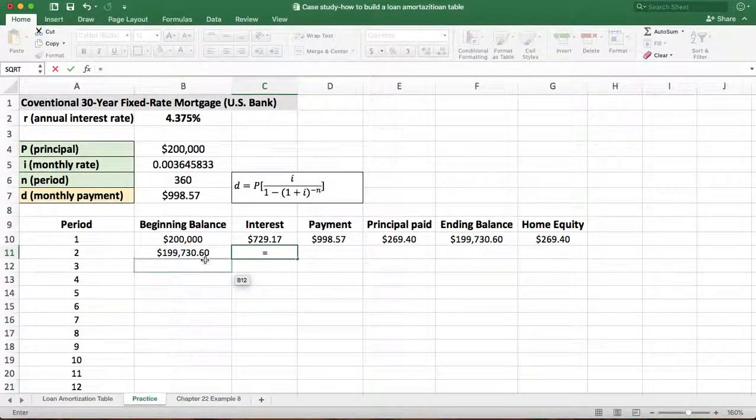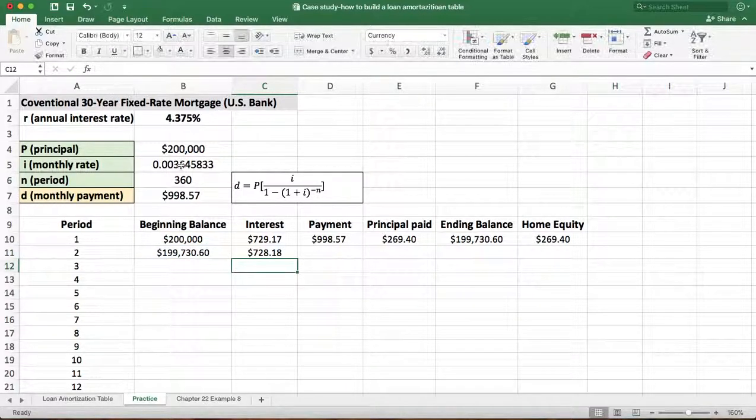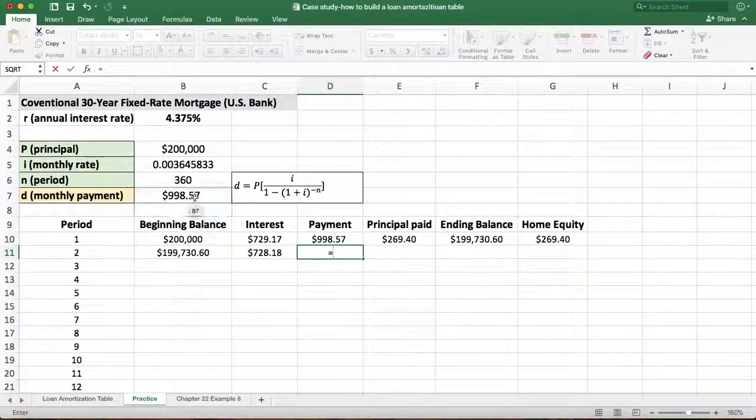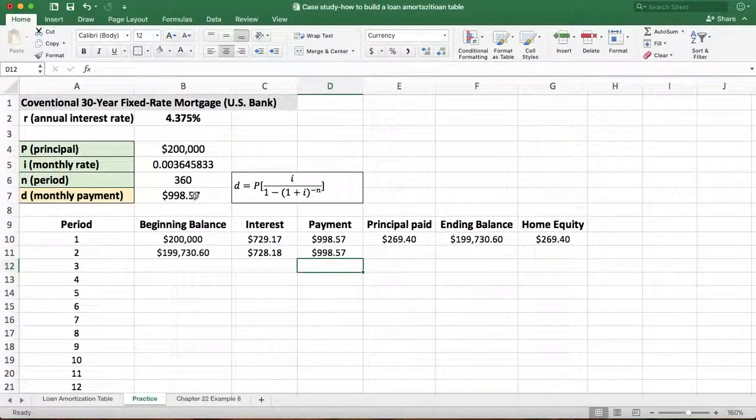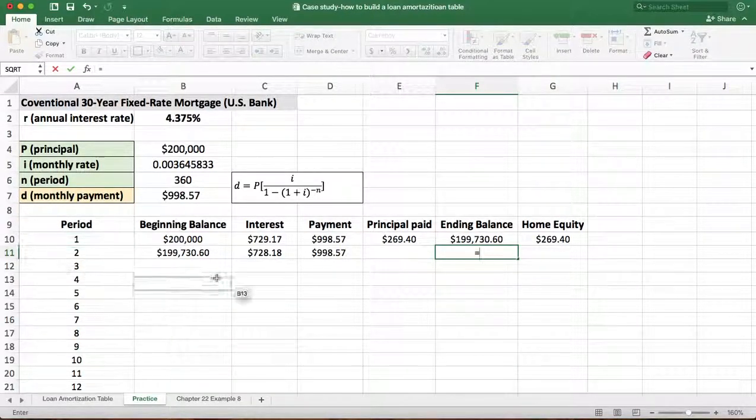Interest is beginning balance times the monthly interest rate. Return. Payment every month is the same. And ending balance, remember, beginning balance plus interest minus payment.